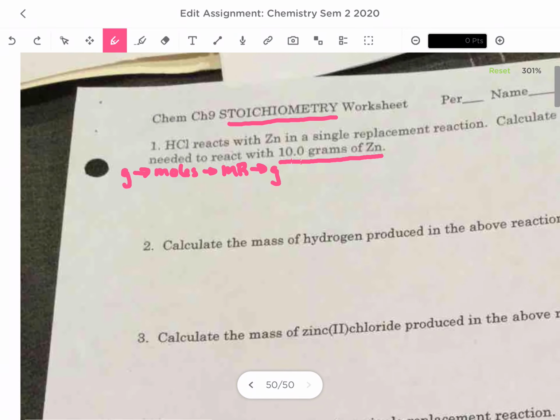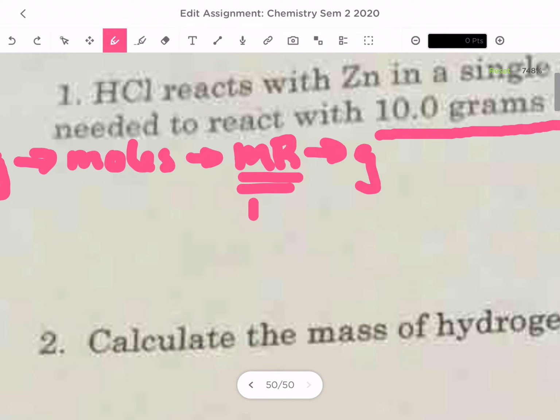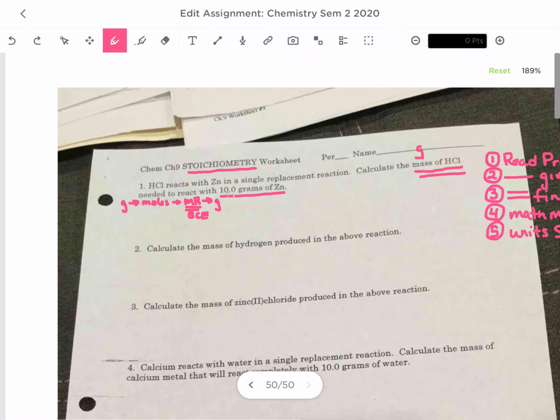So, with that being said, our mole ratio comes from a balanced chemical equation. Since that comes from a balanced chemical equation, the only difference with these problems is you actually have to write a balanced chemical equation. So we probably should do that first before we get started on the problem, because we're just going to be able to do 2 steps and then we're going to have to do it anyway.